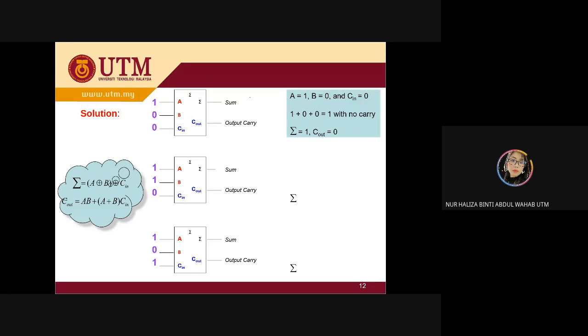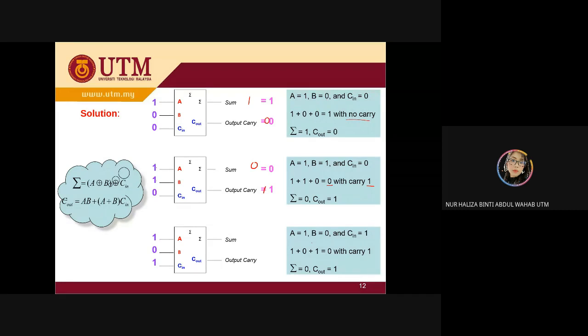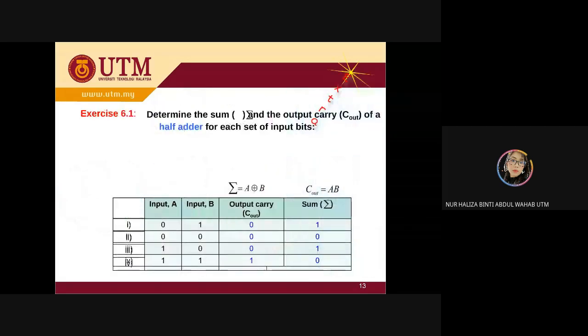You will have the sum as 0 and carry out 1. Then 1 plus 1 plus 0: we're going to get a sum of 0 and your carry out will be 1. And another one is 1, 0, 1. It is also similar. Sum is 0, carry out is 1. So that is the answer and the example.